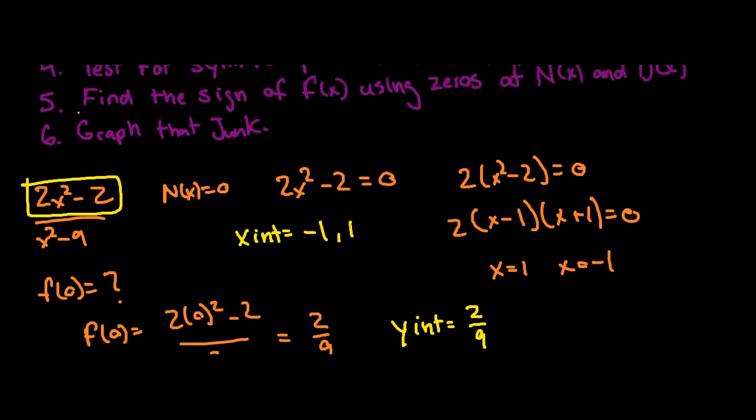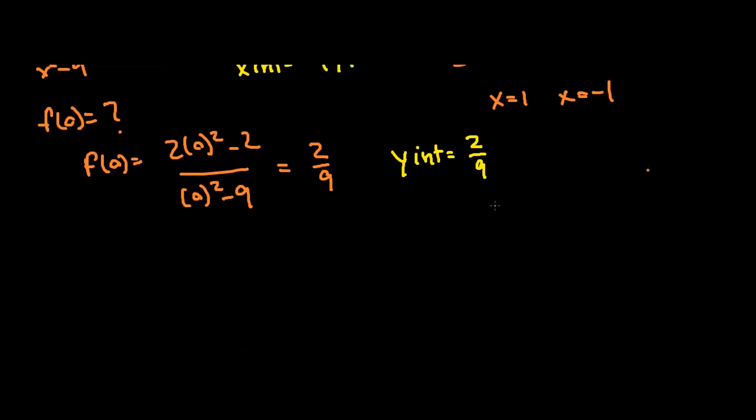So I'm going to leave the top factored out for this part of the problem. So I have 2 times x minus 1, and then x plus 1, and then we had x squared minus 9. And in this case, we're not going to have a hole, but it's something to look out for. That'll be some kind of trick they'll try to throw at you in one of those questions.